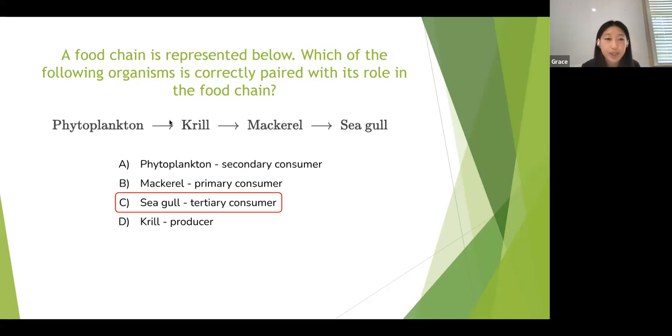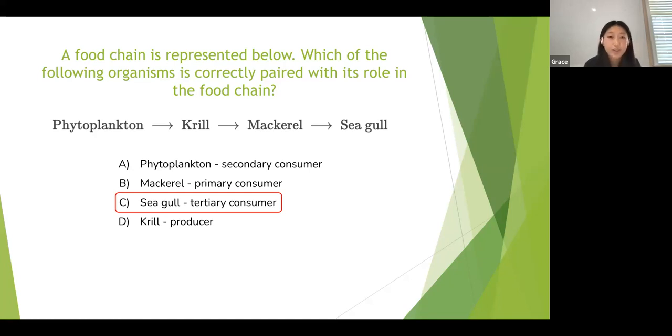If we go back to thinking about the arrow going from the prey to the predator, the krill is going to be eating the phytoplankton, and it's going to be a primary consumer because it is eating producers. And then next we have an arrow going from krill to a mackerel.